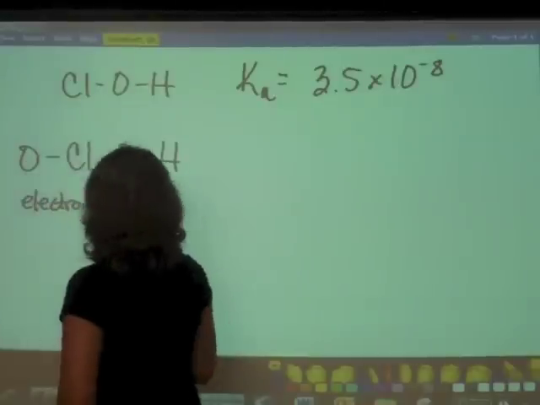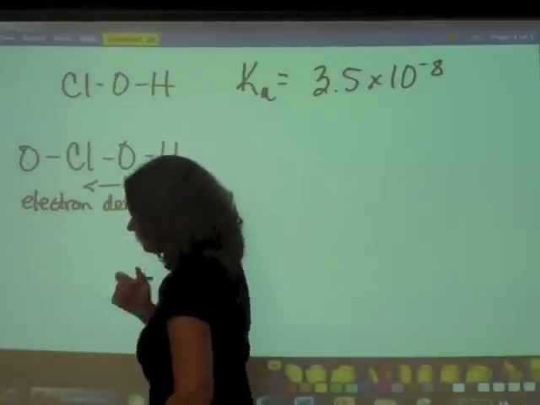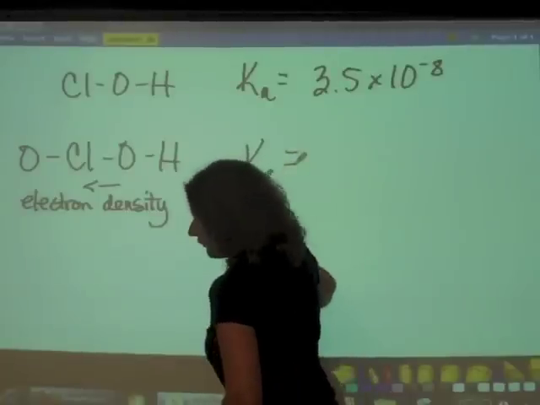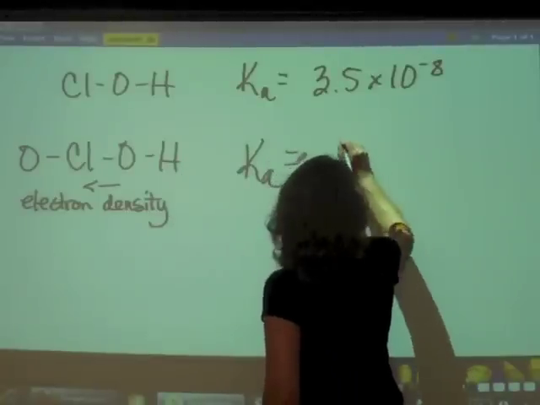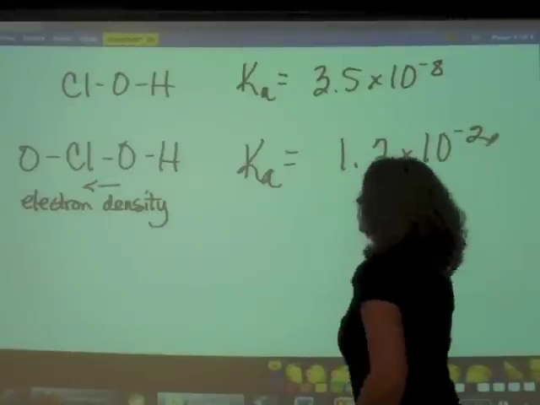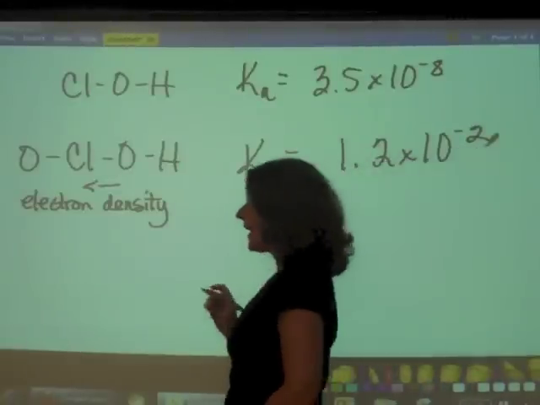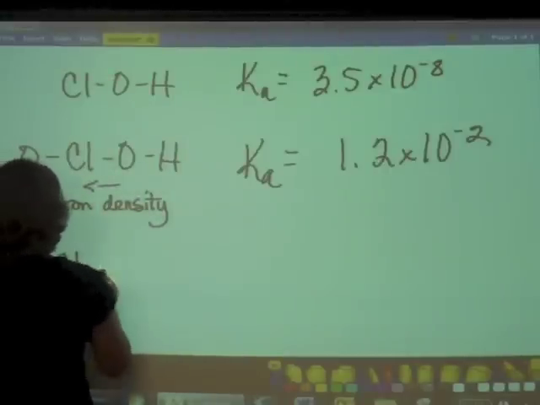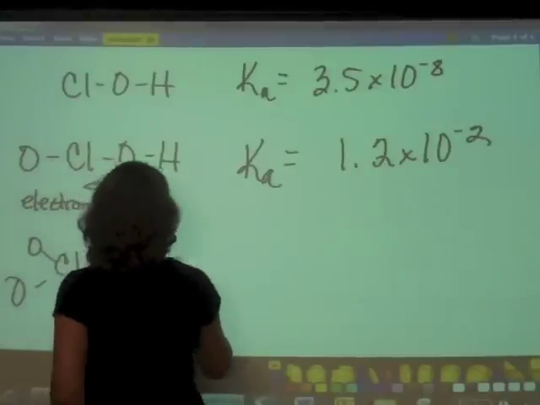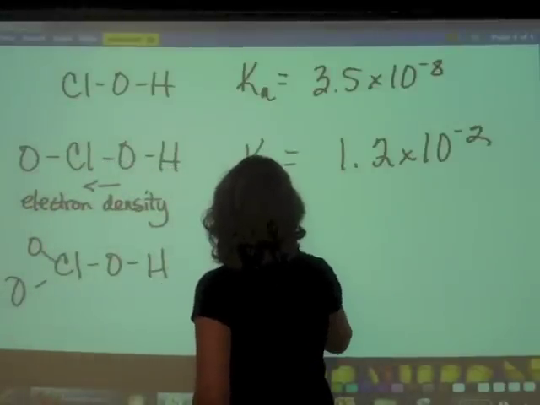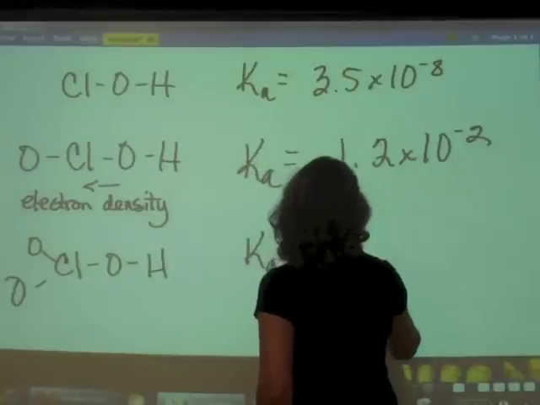So this thing is going to be stronger. 1.2 times 10 to the minus second. If we add another oxygen, OClOH, suddenly now we've got a strong acid. The Ka is about 1.0.